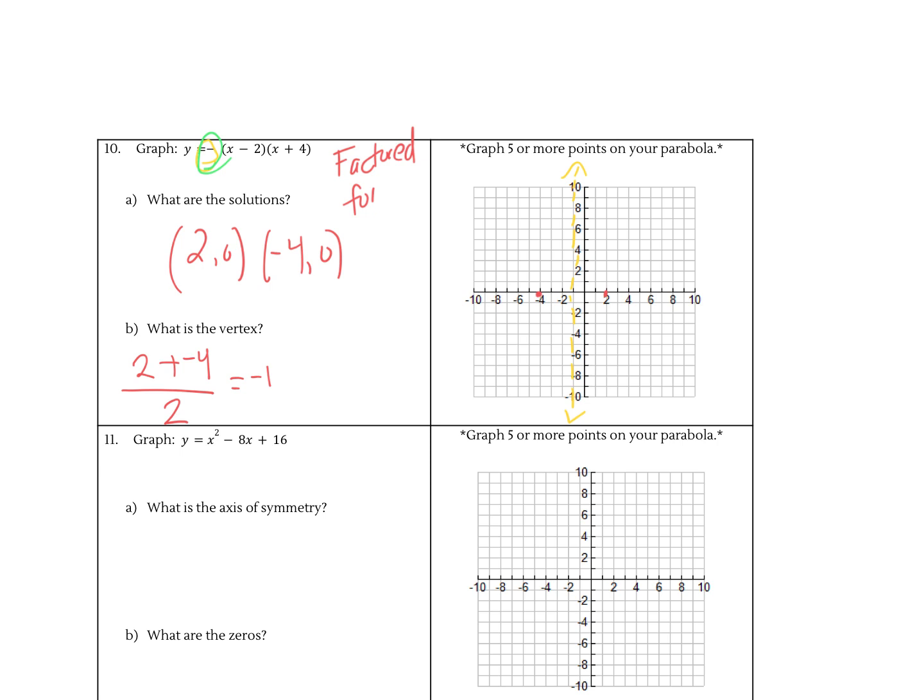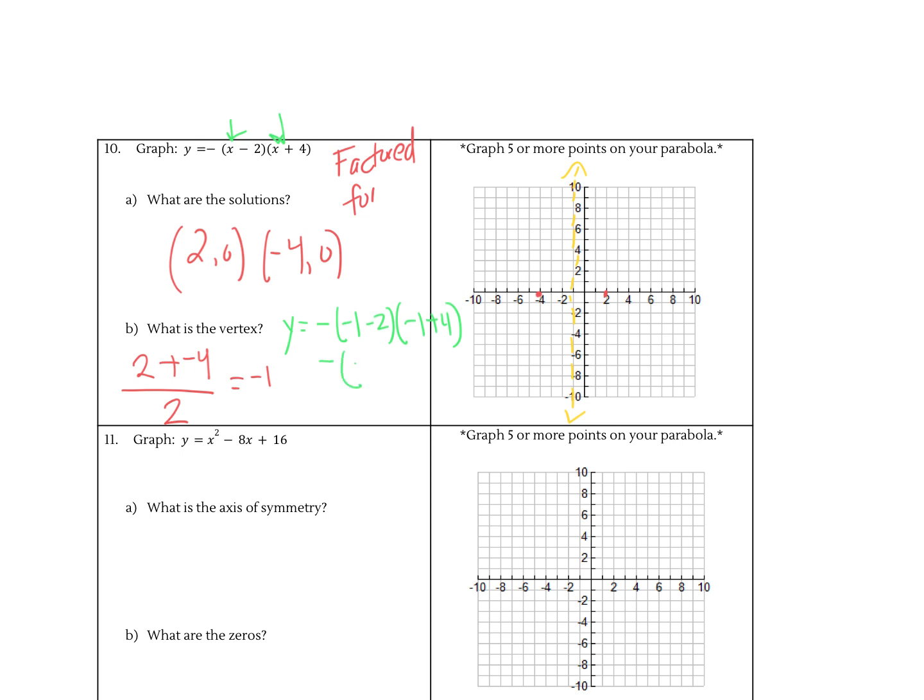Okay, so I'm going to go back into my original y equals negative, and then in place of that x, I'm going to put in a -1 here and here. So I'm going to have -1 minus 2 and then -1 plus 4. And let's see if this makes sense.